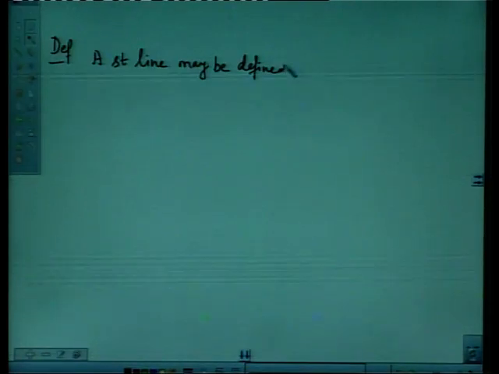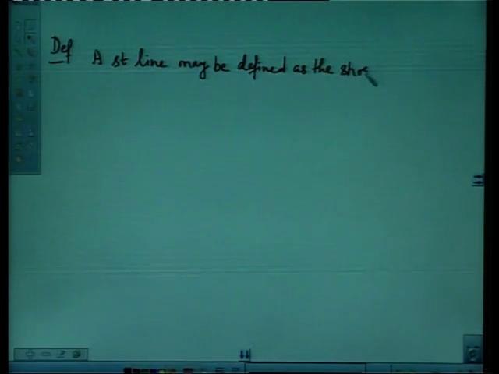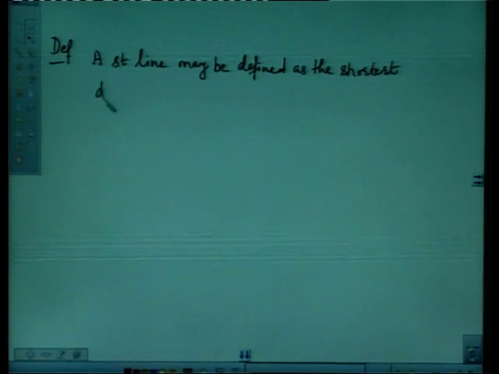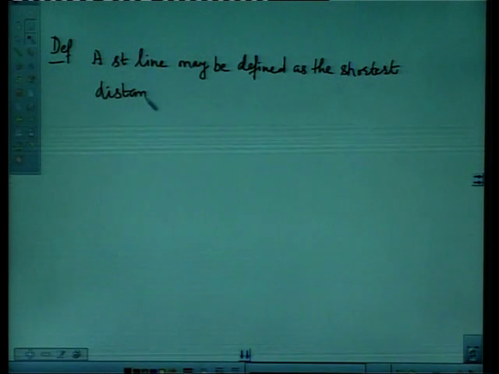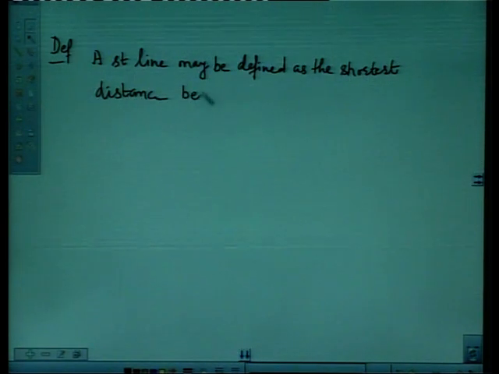Definition: a straight line may be defined as the shortest distance between two points.